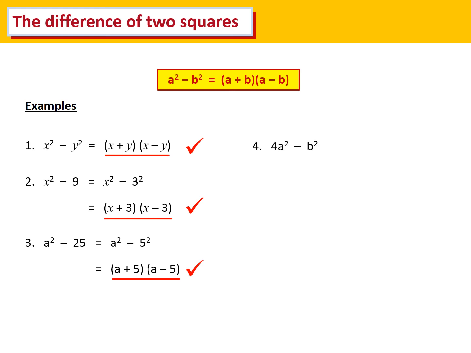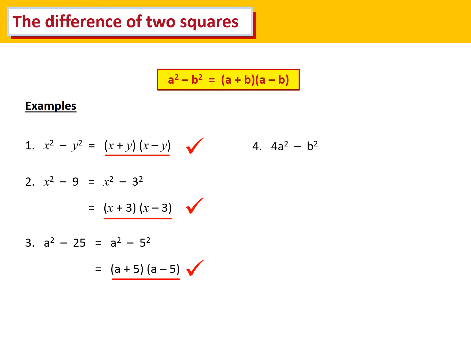Example number 4. Now that looks like we've got two things squared already, but we need to be a little bit careful. The square here is only applying to the a. This is not 4a all squared. This is 4 lots of a squared.